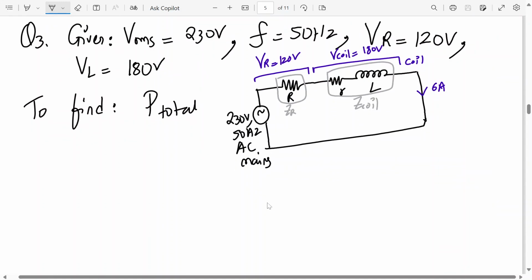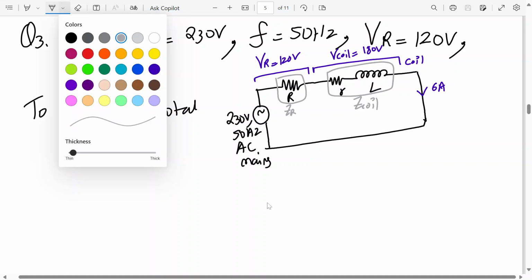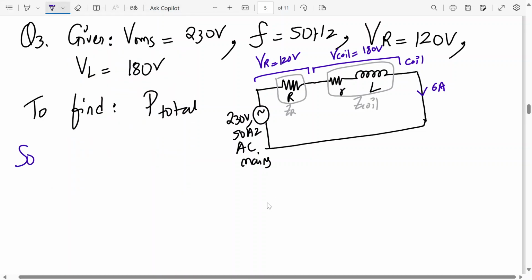We have to find the total power. For total power we require total voltage, and we need to find the total impedance first. So we have total voltage V, total current I, and total impedance is all this.